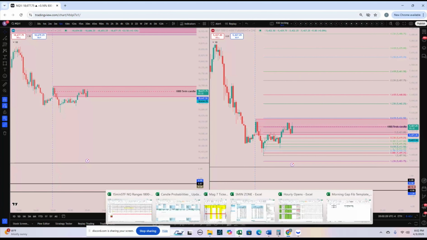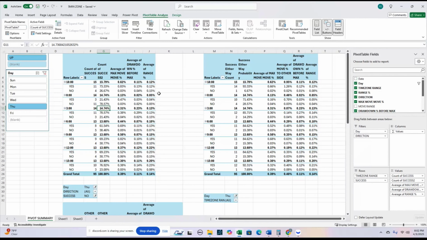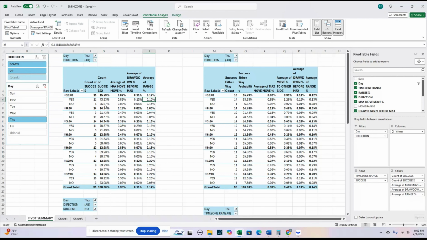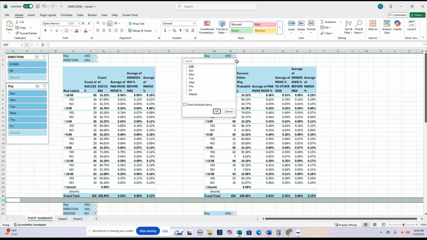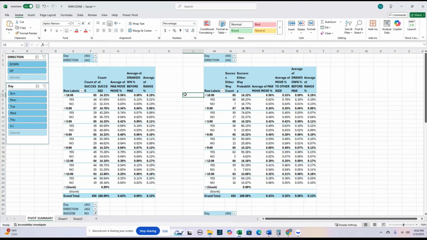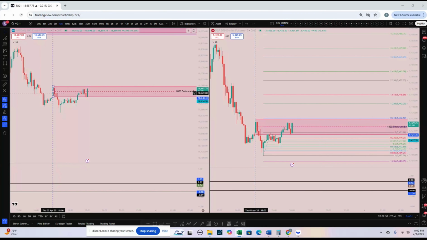One of the things that I'm working on, I call it the 5 minute zone. Basically, we're looking at putting a 5 minute box around a certain time frame.